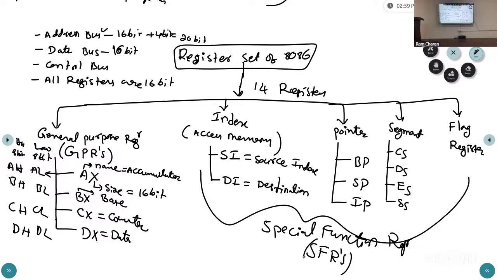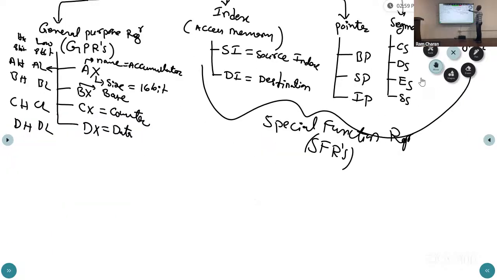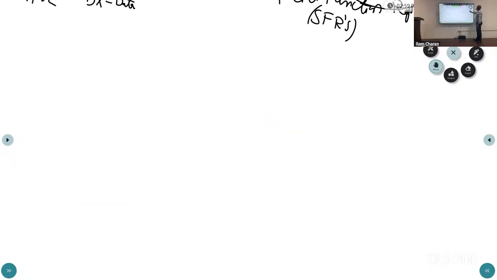Now, write down the flag register. Put heading. This flag register has a size of 16-bit.